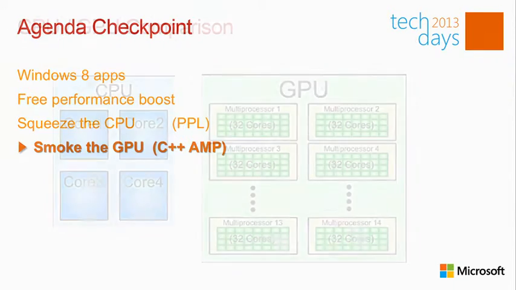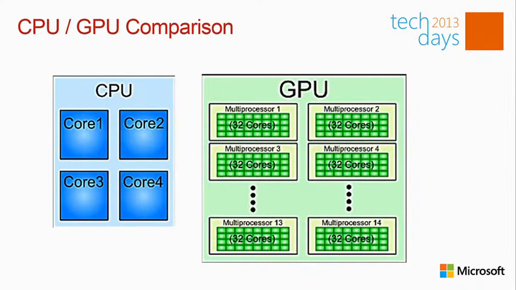So on almost every device that you have now, be it a desktop, a laptop, or even a tablet, there is, in addition to the CPU with all its beautiful cores, most familiar configuration at this point is a quad core, we have a GPU.